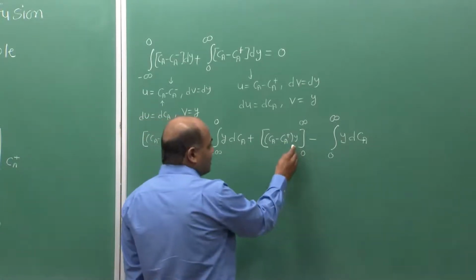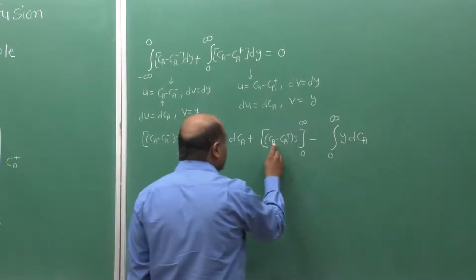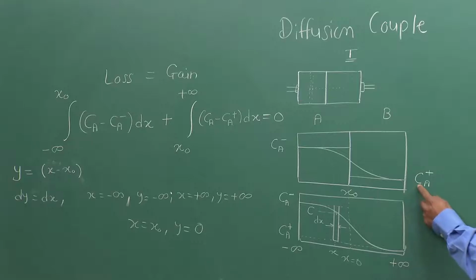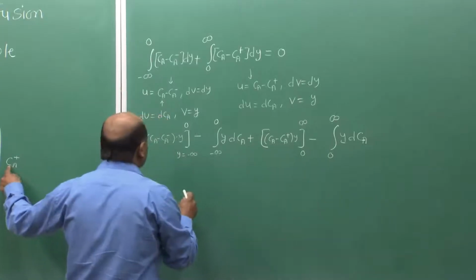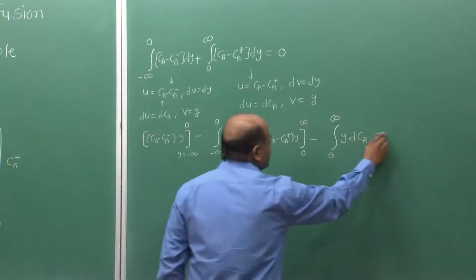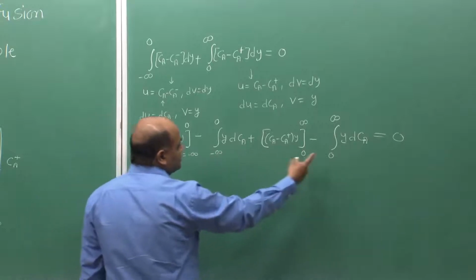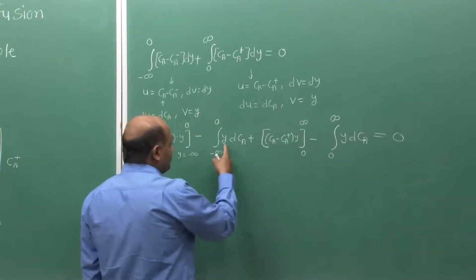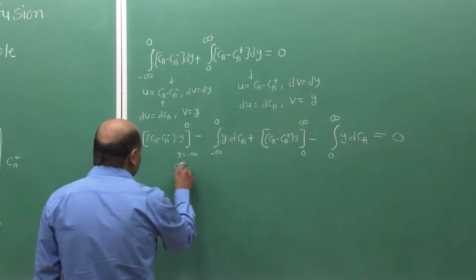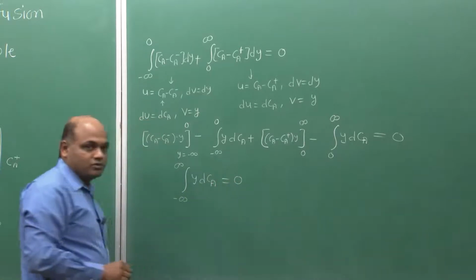Similarly, this term will vanish at y equal to 0, and also at y equal to infinity, that is on the right terminal, Ca is equal to Ca plus, and so again this term will vanish, and this should be equal to 0. So, these two minus signs will go away, and if you see the two integrals, they are for the same y dCa, and so we can write the integral from minus infinity to plus infinity of y dCa should be equal to 0.